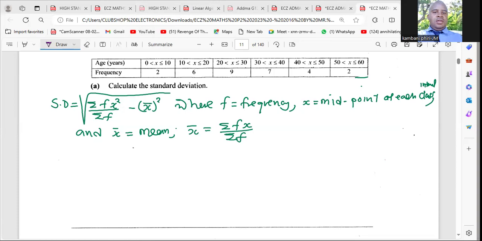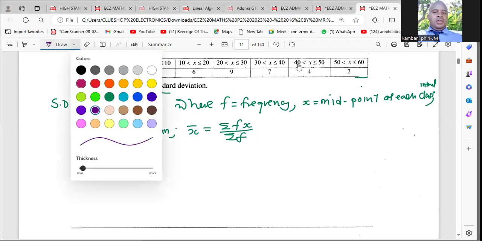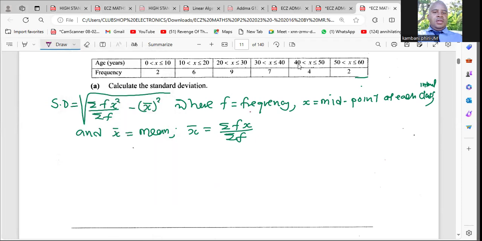Okay, so let's see. Now, this one is a very simple question, and it gives you a lot of marks, 6 marks. Now, what we need is to understand these things. Frequency. Usually the first line here represents X. The second one represents Y for the frequency.